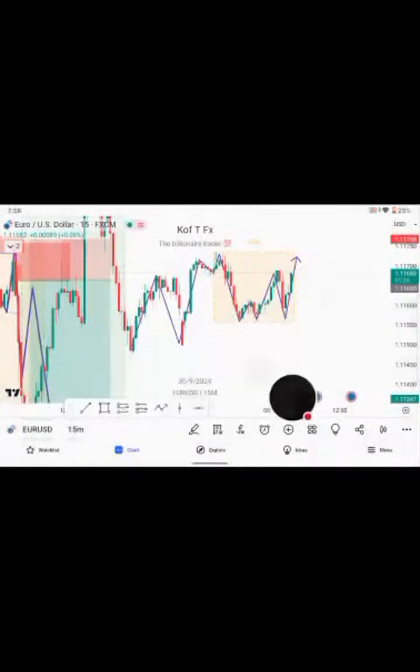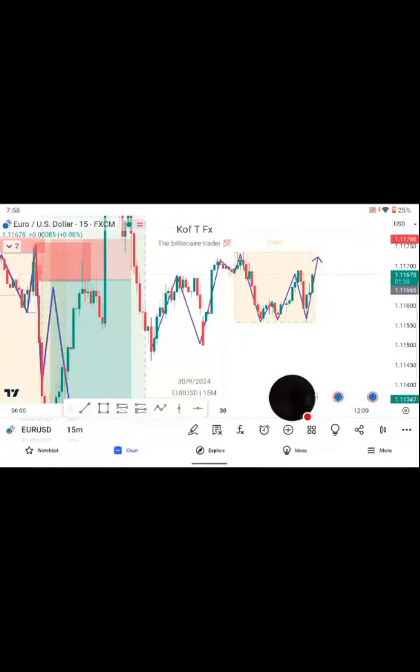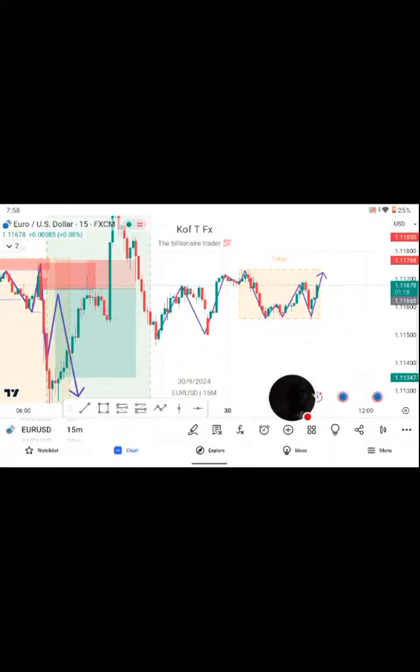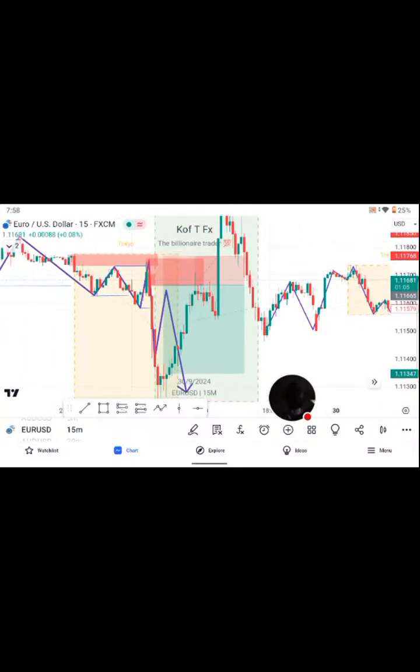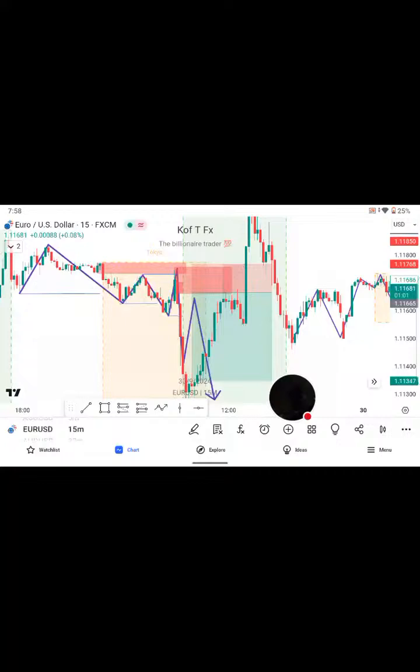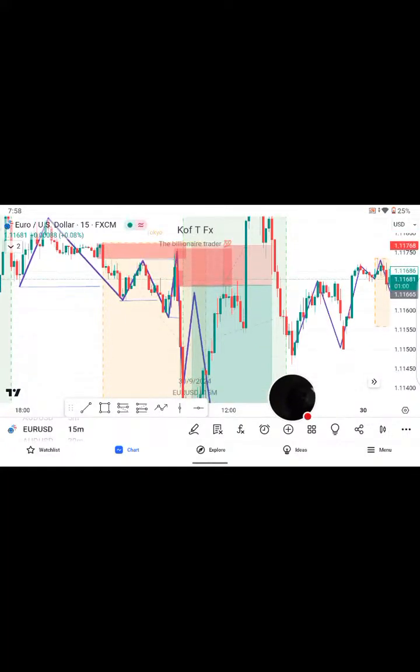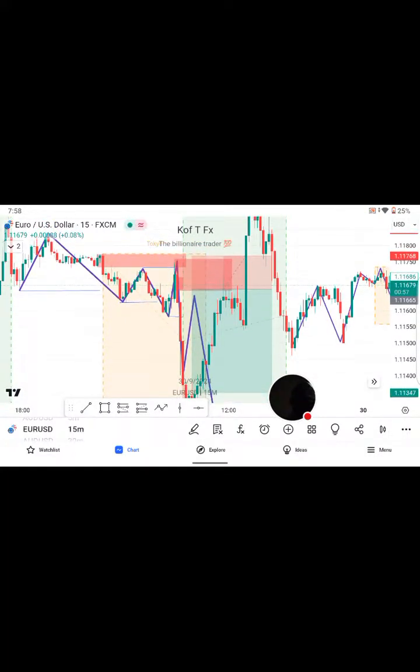So let's have a little review. We actually took four trades, out of which one hit TP while the rest hit SL, leaving us with a break even for the week. So for Euro USD, it followed the chart pattern we are actually looking out for.